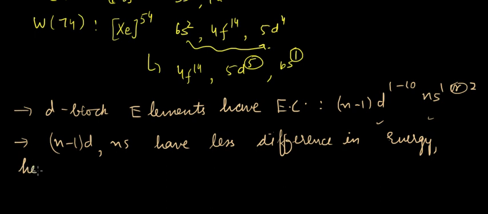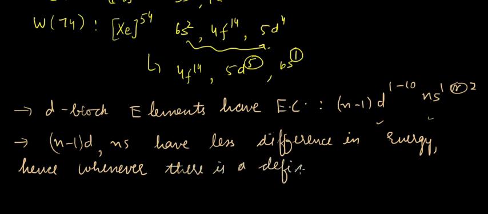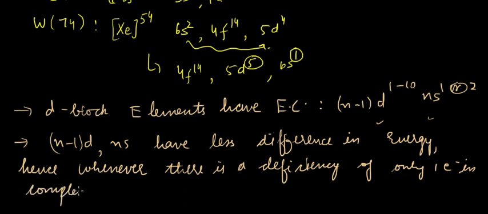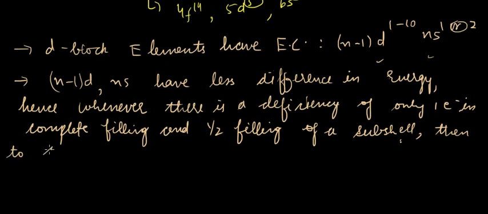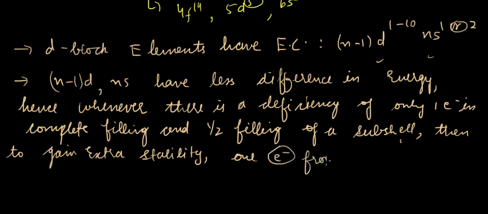Hence, whenever there is a deficiency of only one electron in complete filling and half filling of a subshell, then to gain extra stability, one electron from the nearmost subshell, in our case it would be ns shifting to (n-1)d.